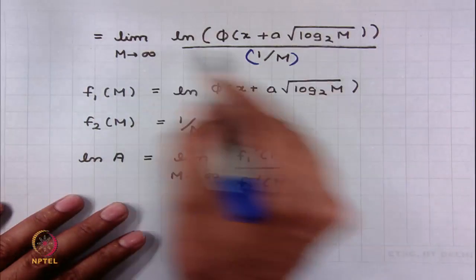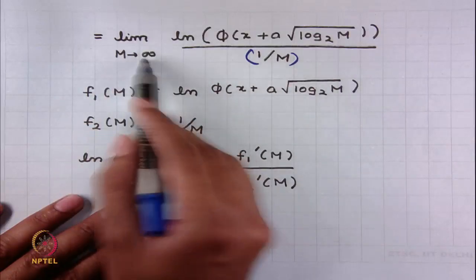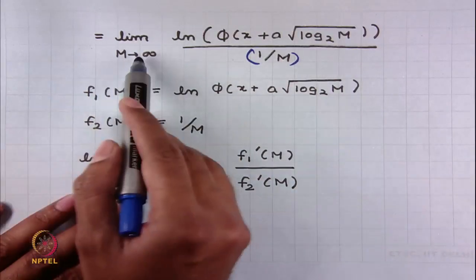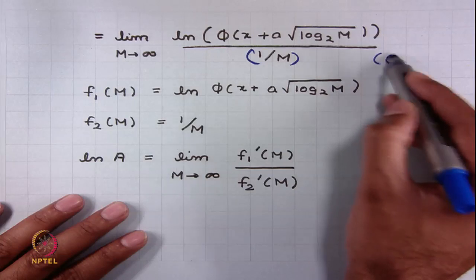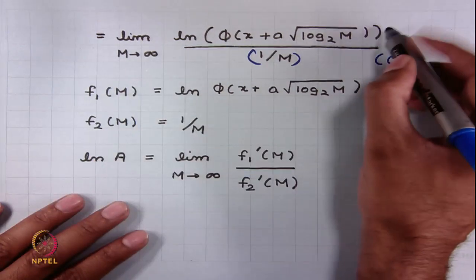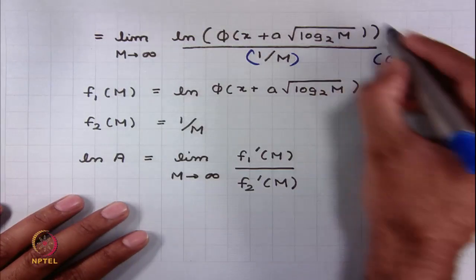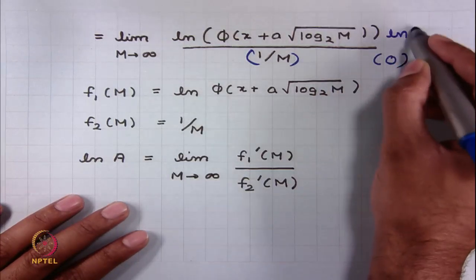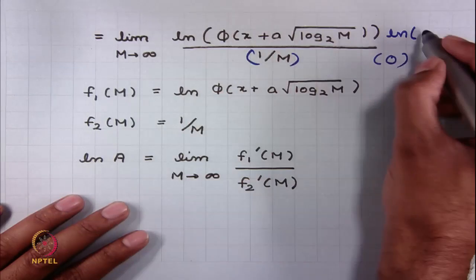Let us see what this limit is as m tends to infinity. When m tends to infinity, this is 0, and I have ln phi of infinity.